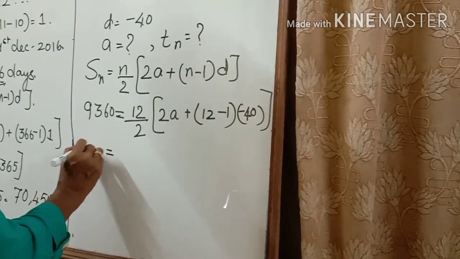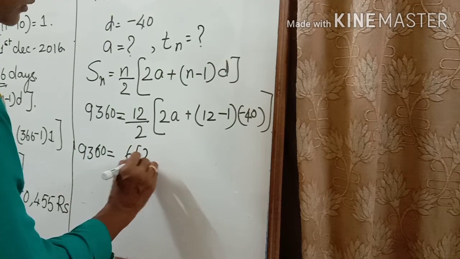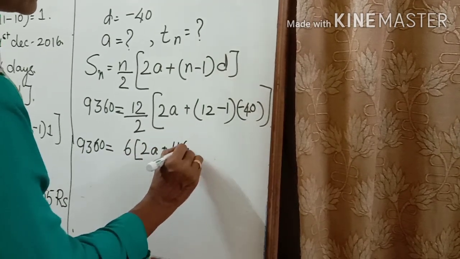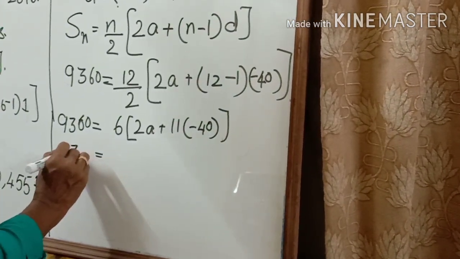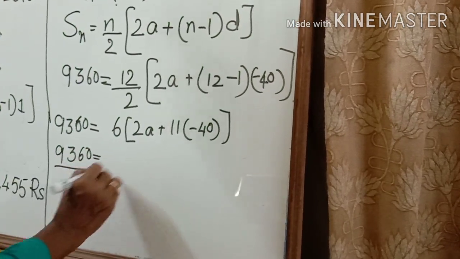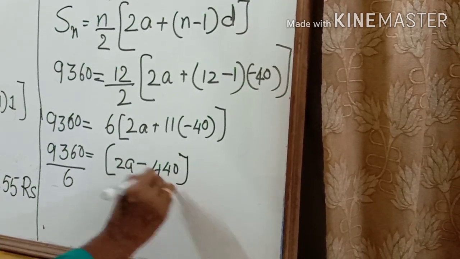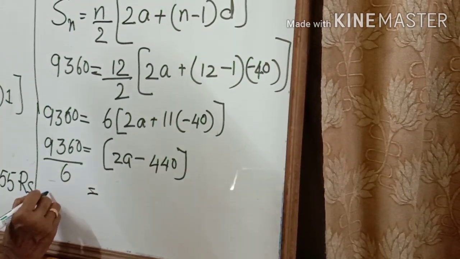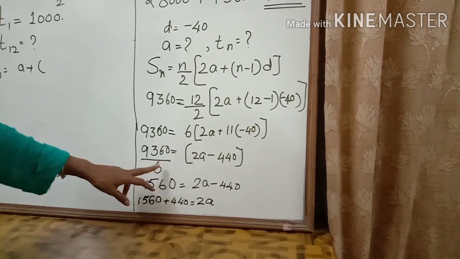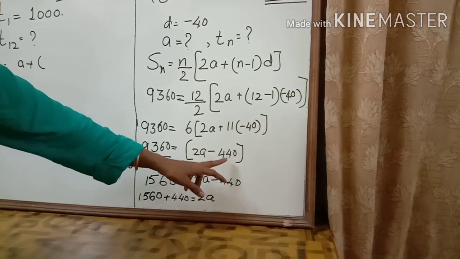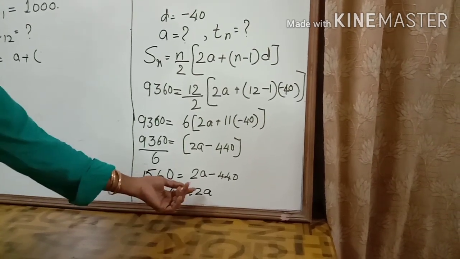This is 9360. 6 into 2a plus 11 into minus 40 is equal to 9360, so 2a minus 440 is equal to 9360 divided by 6, that is 1560. 440 we will shift to the left side. 1560 plus 440 is equal to 2a.